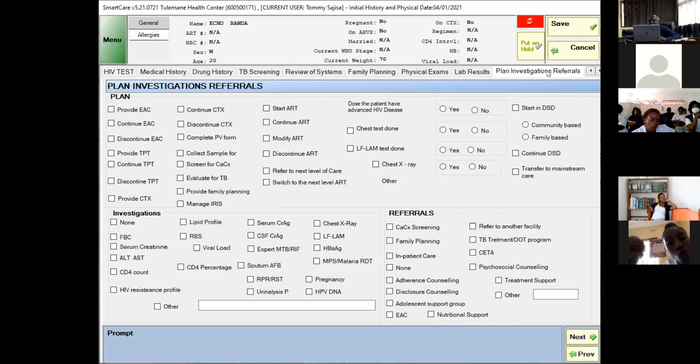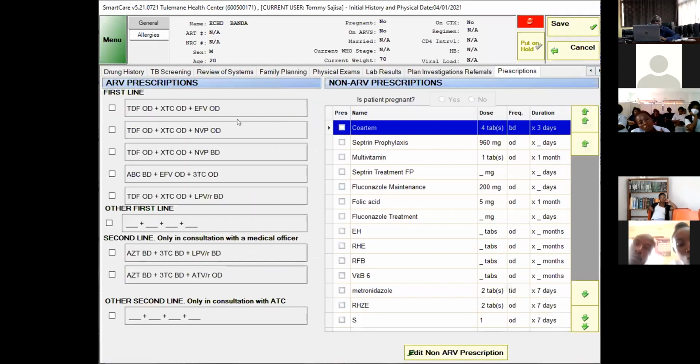Then last but not the least, I'm sure, it should be prescription. Yeah, so the prescription is not done the way it is on the form, unfortunately, I must confess, because I think time finished for them to implement the first line that is on the paper form.